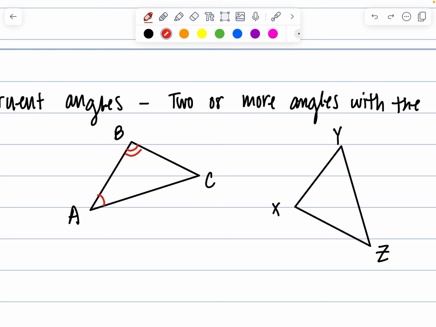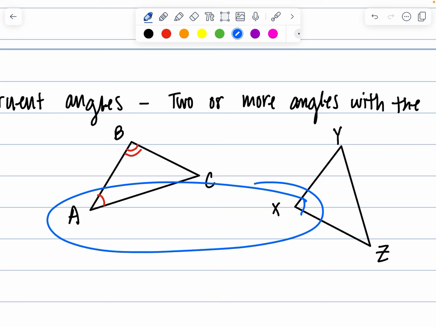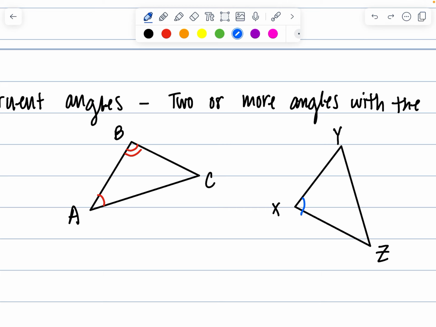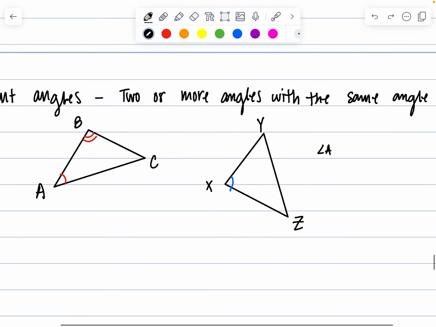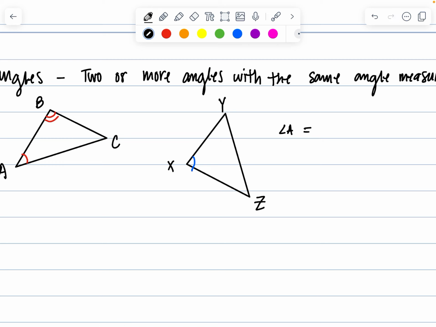But if you look at another triangle, for instance, Y, and I'm going to put one tick marker on X, that should indicate that A and X have the same angle measure. So in this diagram, we could then say angle A, and we are allowed to do this because there's only one angle at this particular vertex, is going to be congruent to angle X. And we could do that as well.